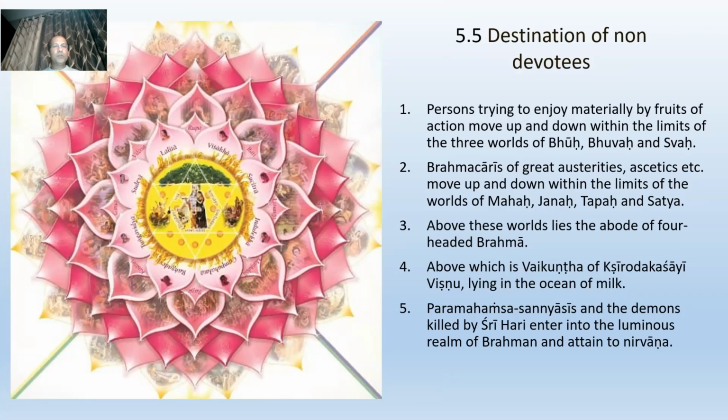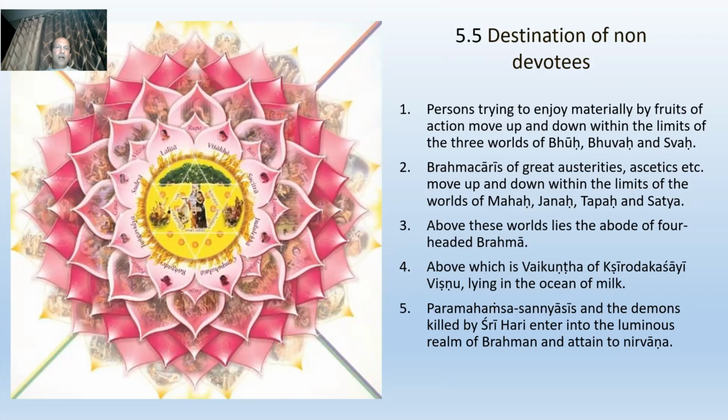Then higher than those, the brahmacharis who perform great austerities move up and down within the upper planetary systems, Mahaloka, Janaloka, Tapaloka, and Satyaloka. And above that is the abode of Brahmaji, Satyaloka, above which is the Vaikuntha of Kshirodakshayi Vishnu, who is lying in the ocean of milk.